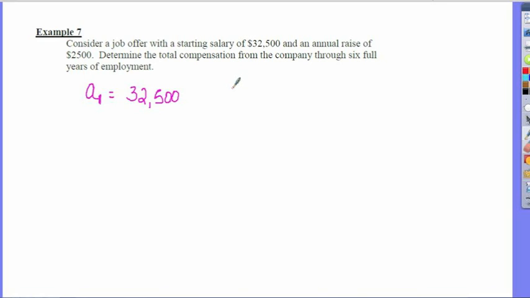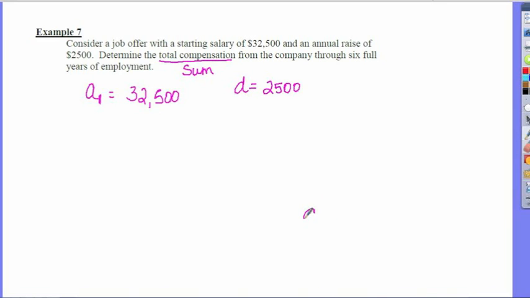An annual raise, that means that's my difference, $2,500. Determine the total compensation. Total compensation, that means your sum from the company through 6 full years of employment. So I want to find out how much I made total, adding it all up for 6 years.